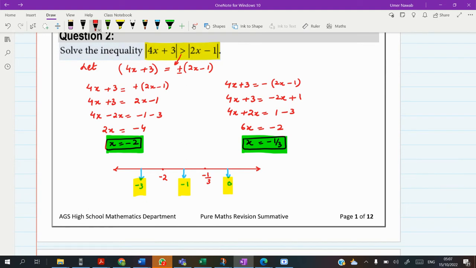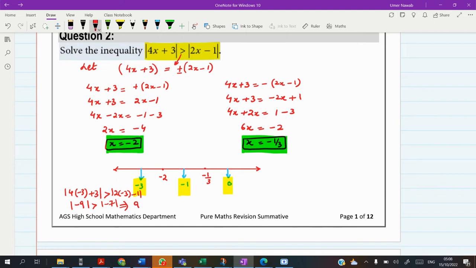So let's check the first one. If I substitute minus 3 in the place of x: absolute of 4 times minus 3 plus 3 greater than 2 times minus 3 minus 1. Minus 12 plus 3 gives you minus 9, minus 6 minus 1, it is minus 7.